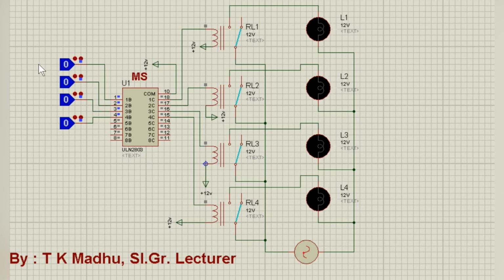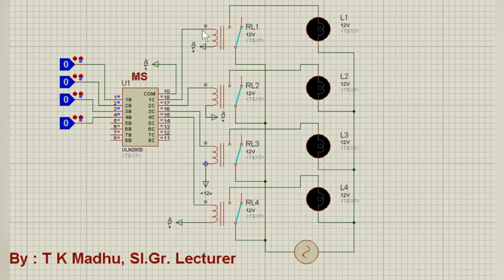Suppose you are getting 3.3 volt, which is considered as 1, from the NodeMCU, that is fed to pin number 1. Now this ULN2803 consists of Darlington amplifiers. The output of pin number 1 will be obtained at pin number 18.